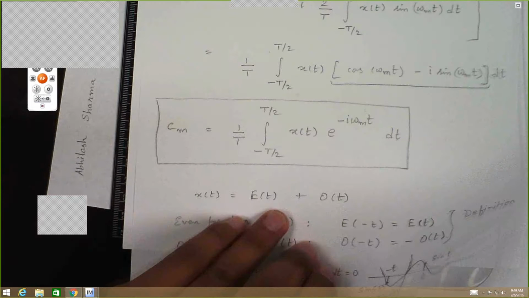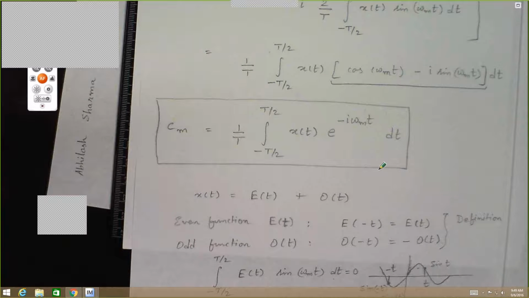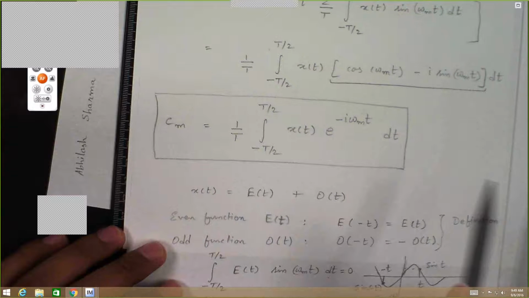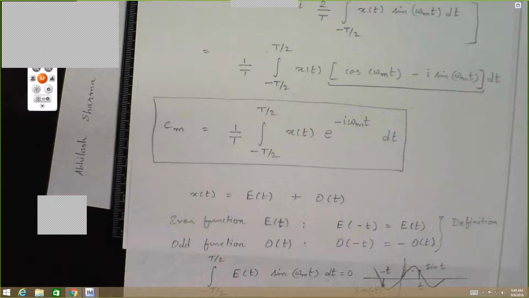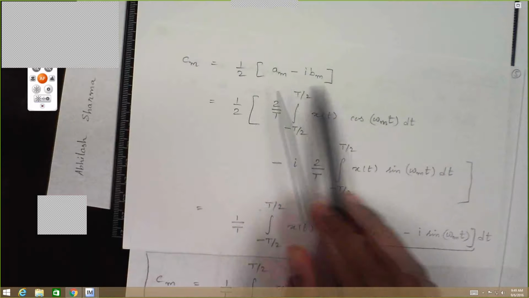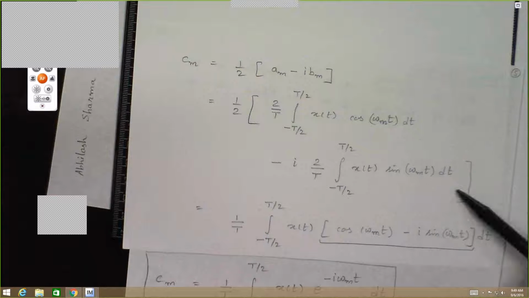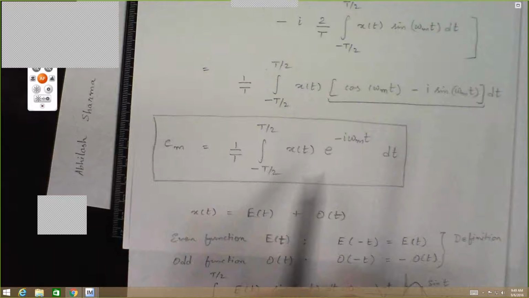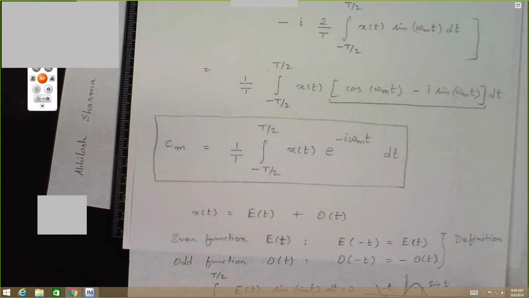And then finally, we talked a little bit about how to get the complex Fourier series coefficients, and the process was similar because we already knew a_m and b_n. We were able to substitute their expressions into it and use the Euler's expansion theorem in order to come up with the complex Fourier series coefficients.